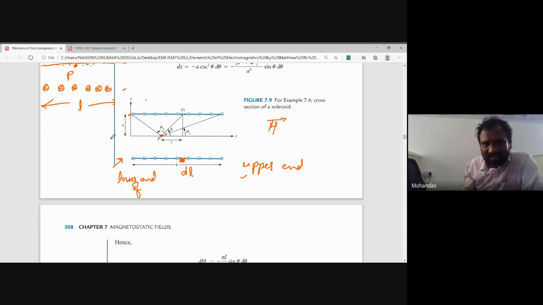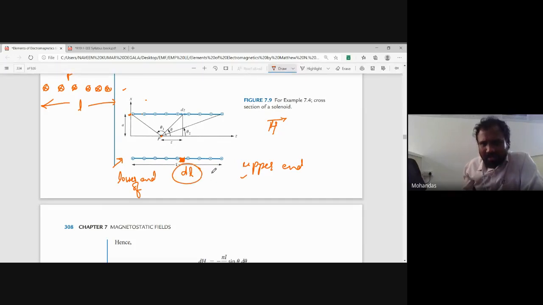As the solenoid is placed along the z-axis, because to solve any problem you have to imagine a particular coordinate system. The coordinate system is the Cartesian coordinate system, and the solenoid exists along the z-axis. If it is placed along the z-axis, what may be the dl here? Tell me, what will dl be?